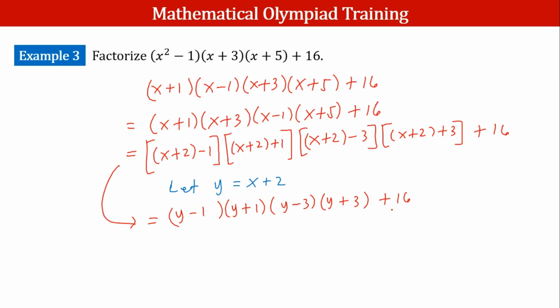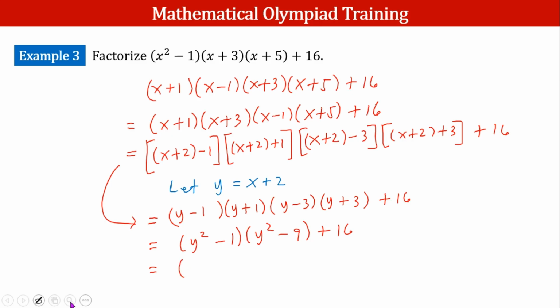Now, it is very clear that this is a difference of squares. So we have y squared minus 1 times y squared minus 9 plus 16. Right? Now, we can expand y squared minus 1 times y squared minus 9.